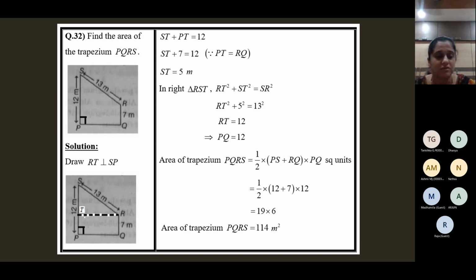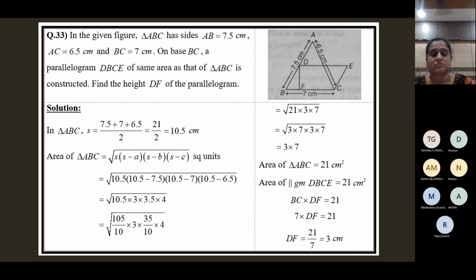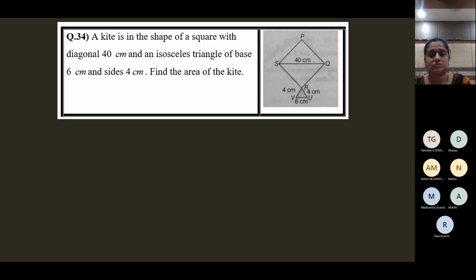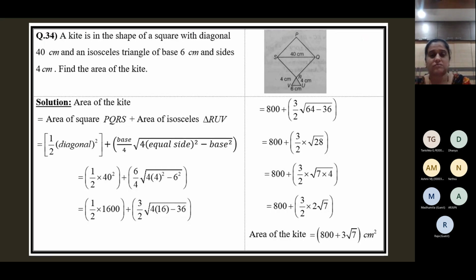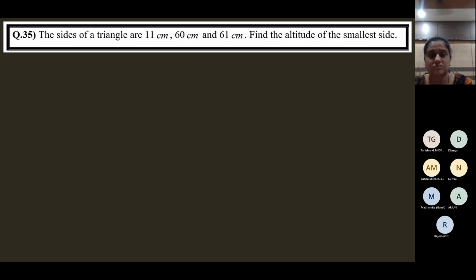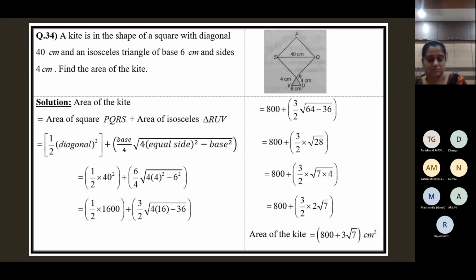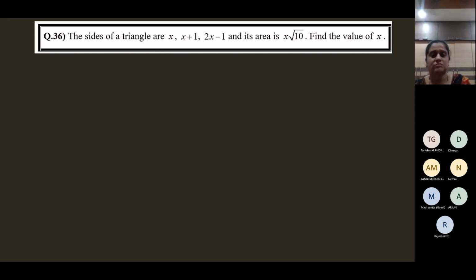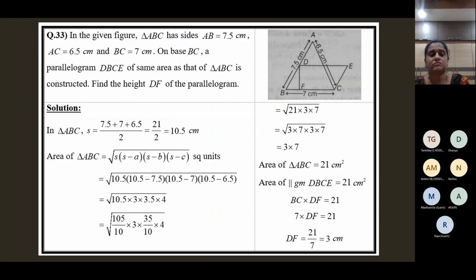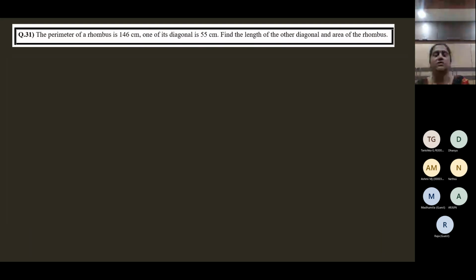You can even mark a right angle here. Yeah, children. Do this one.